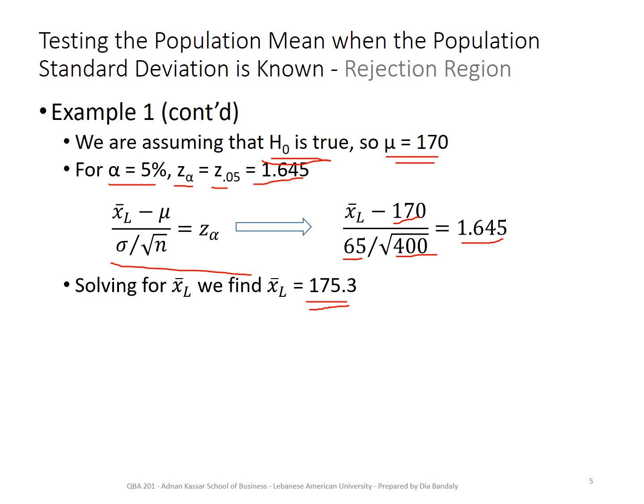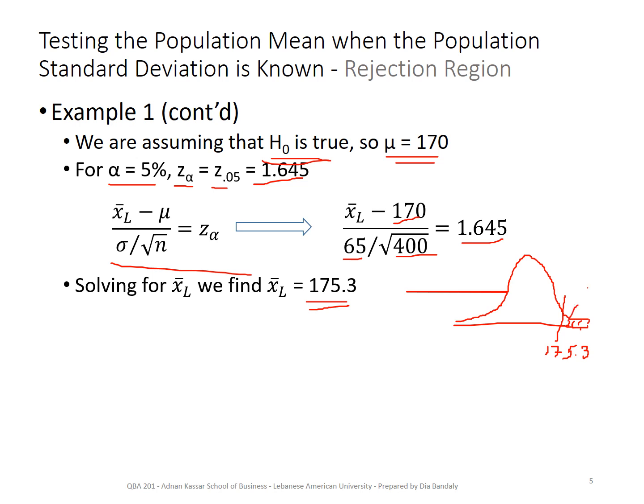I will call that, if you want, my cutoff point. I'm going to use that term a lot also. So here we go. This is 175.3. So when I collect a sample from this population and I find x bar to be anywhere here, then I reject my null hypothesis, and that's why this approach is called the rejection region.